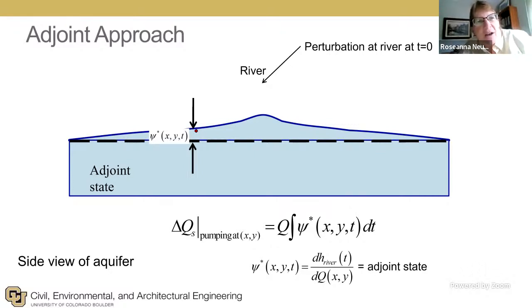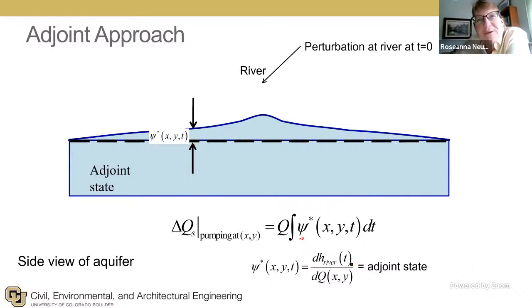So we're looking at what is that perturbation at a particular location at a particular time. There's a lot of math to derive this, and I won't go through that at all, but if we run a simulation like this, we get this adjoint state at every location at all times with one simulation. We integrate that over time, and that gives us our stream depletion.